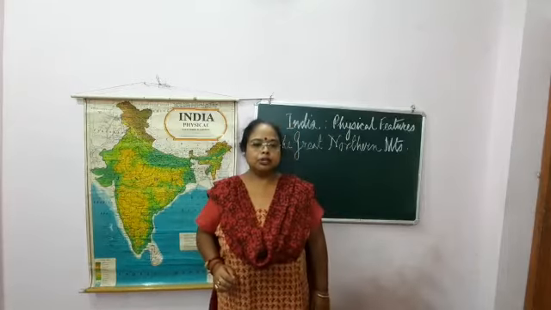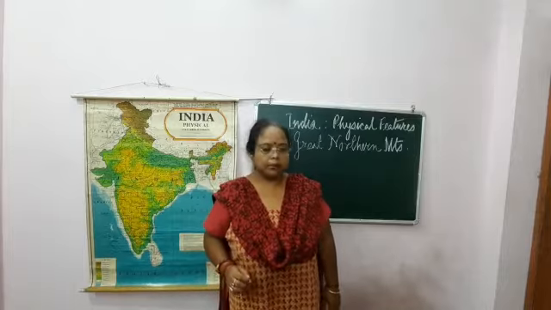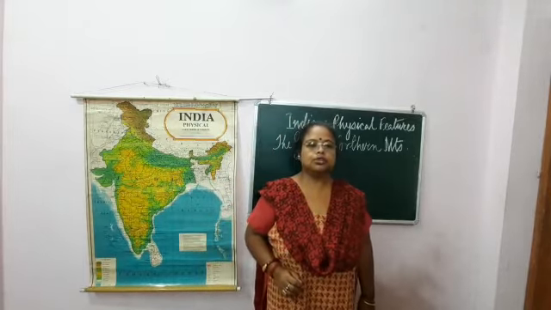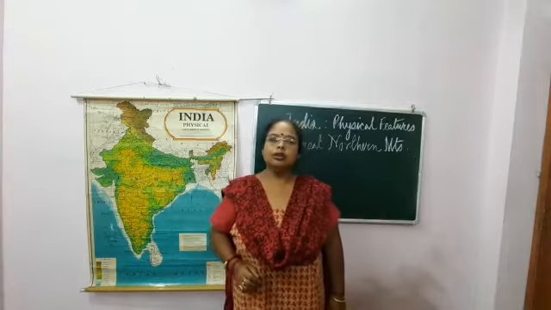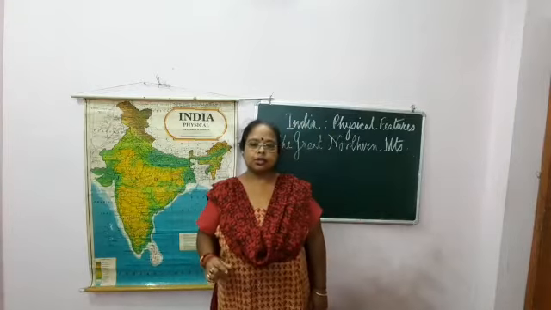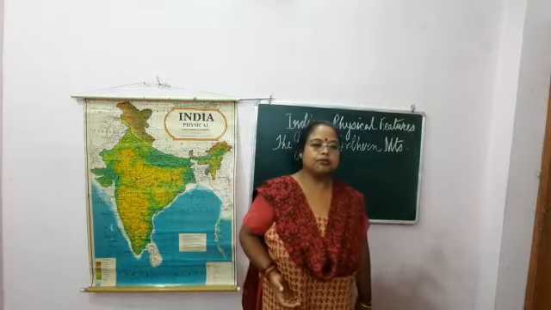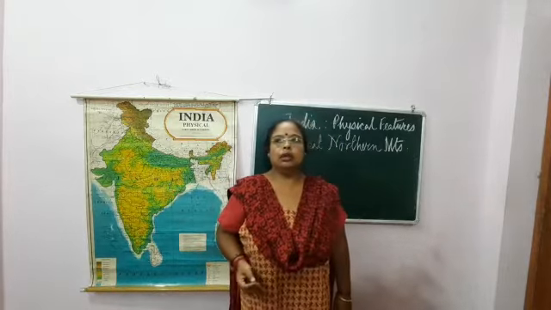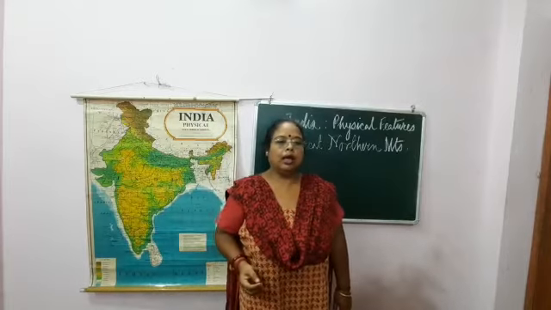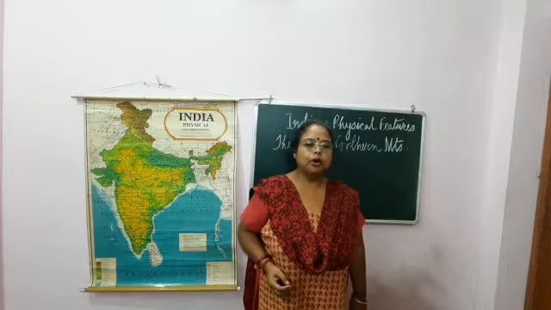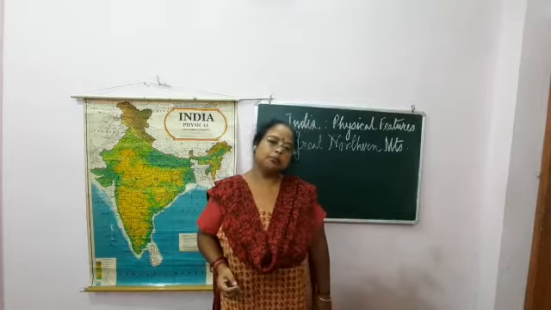The average elevation is about 1200 meters, and it has a large number of longitudinal valleys, which are called dunes. Patli Dun, Kotli Dun and Dehradun are the important dunes of the Himalayan mountains.